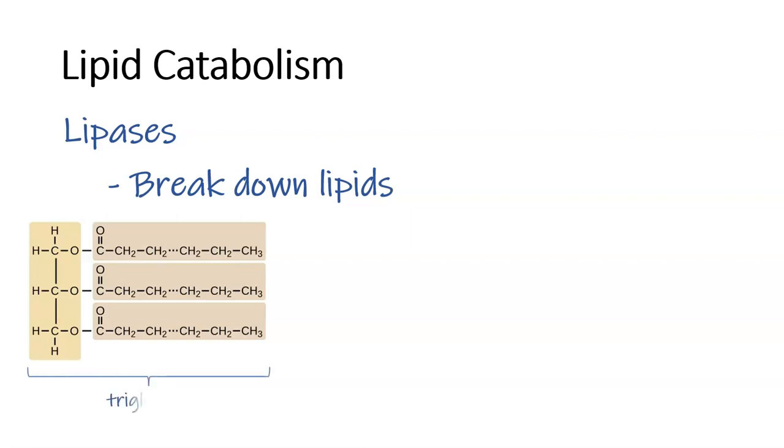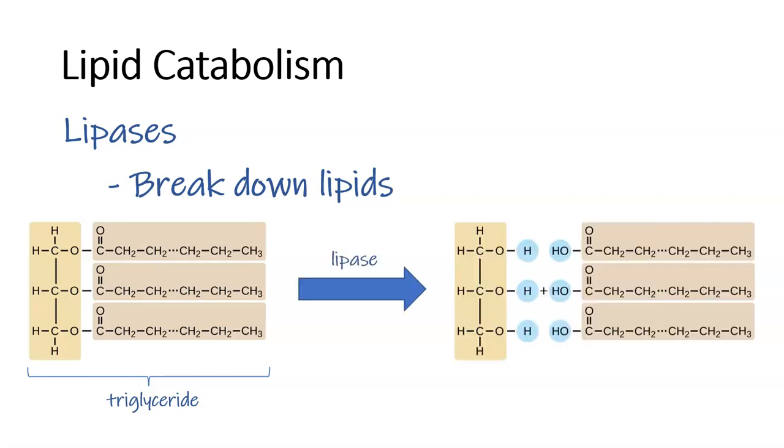The lipase enzymes break the bonds between the glycerol molecule and the fatty acids. Once they're broken down into these smaller components, they can be further catabolized by the cell.